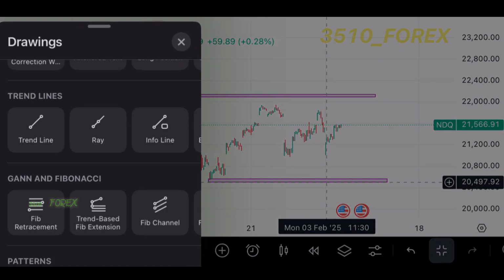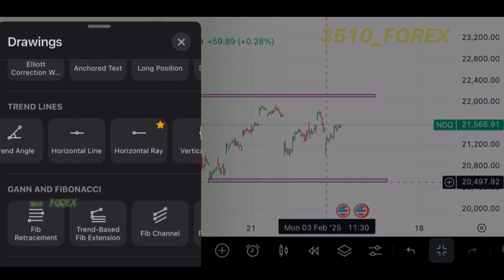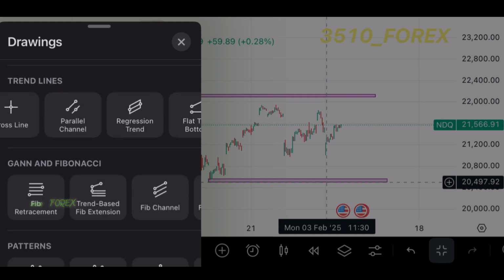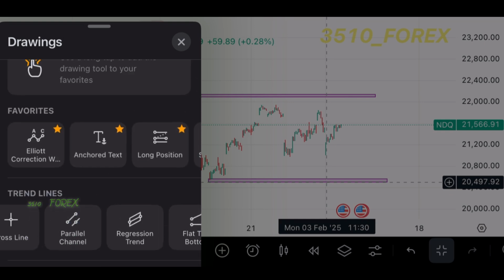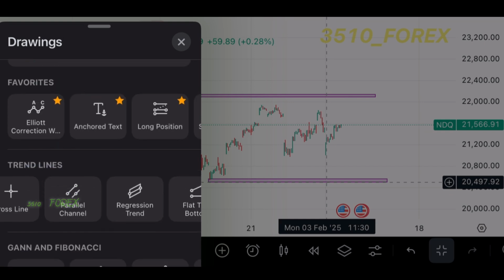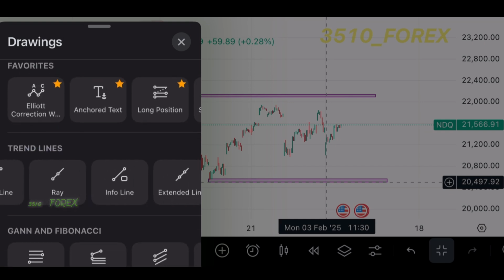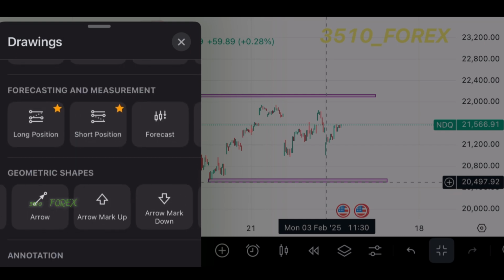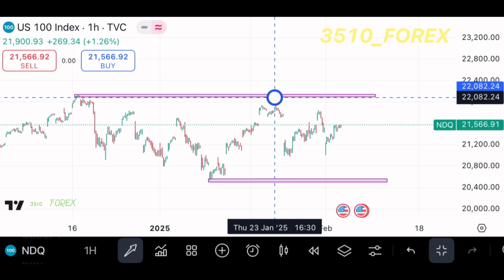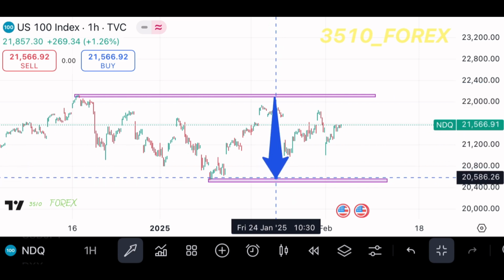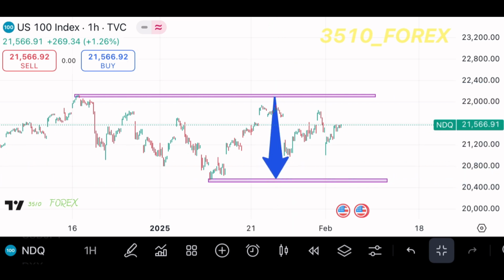You can measure it with a rectangle, or with an arrow marker from the resistance to your support. The reason we are adding this is because we want to know the distance between the resistance and the support.